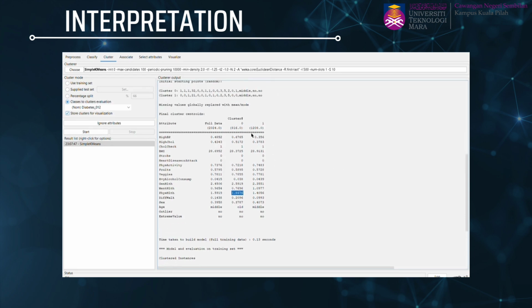Meanwhile, in cluster 2, we see that those that do not have diabetes have high BP. They do not have high BP, my bad. They have a lower amount than full data, which means that they do not have high cholesterol. They've done their cholesterol check. Their BMI is above average, whether it be overweight or obese. They do not have stroke, heart disease or heart attack.